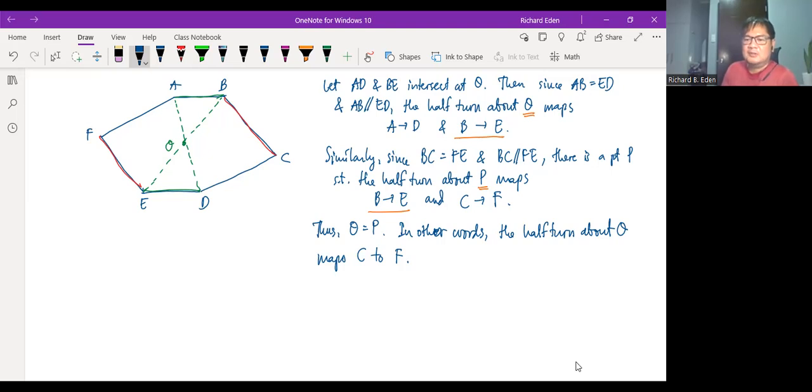In other words, to wrap up, the half turn about O maps C to F. Thus O, C, F are collinear, so CF also passes through O.